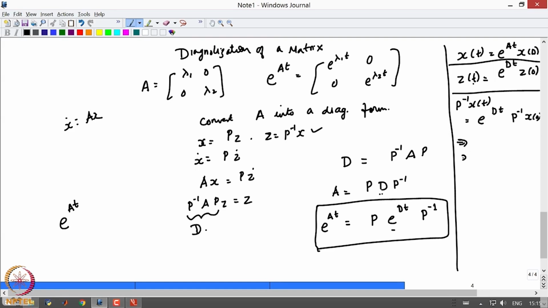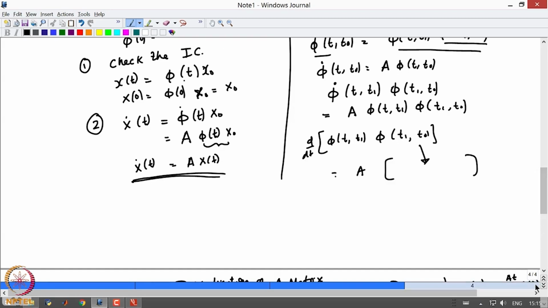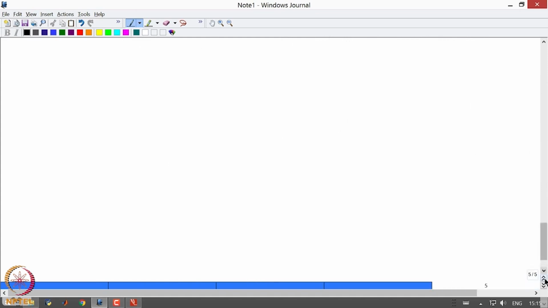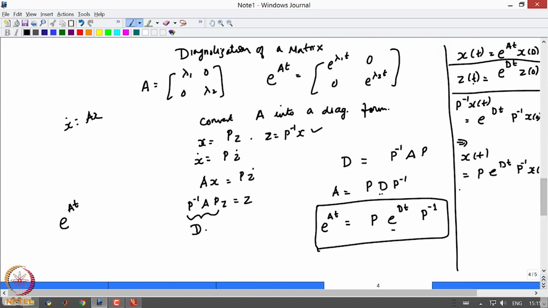So, this implies that x of t is P e power D t P inverse x naught. Okay. So this is a little proof of how I can compute e power A t when I know that I can diagonalize the matrix. Similar expressions also exist when I cannot diagonalize the A matrix, but I have the equivalent Jordan form of the A matrix.